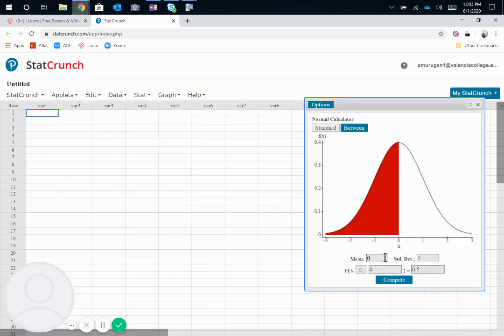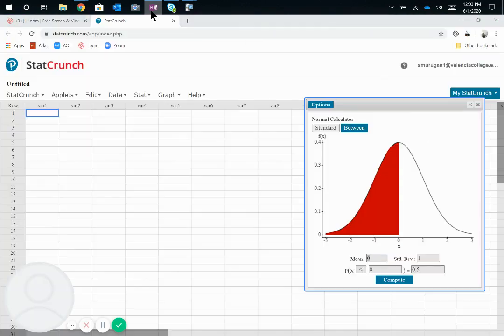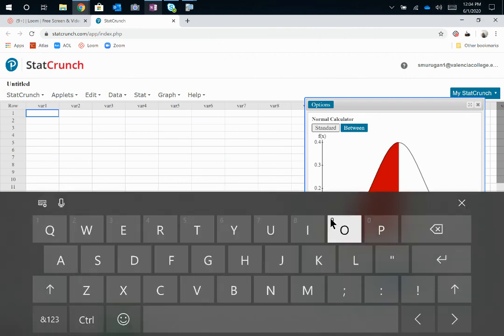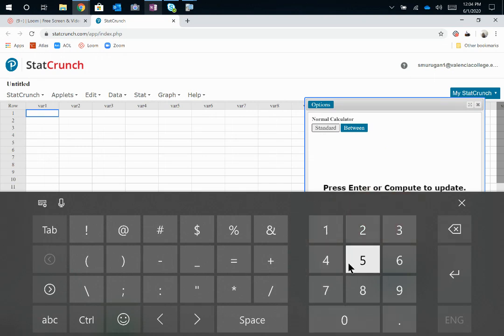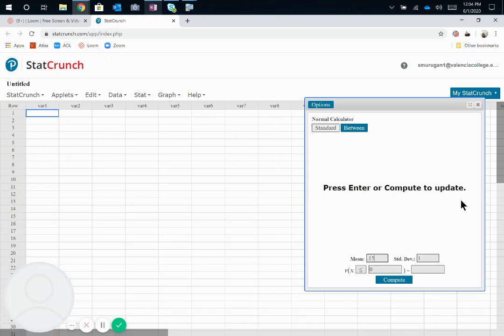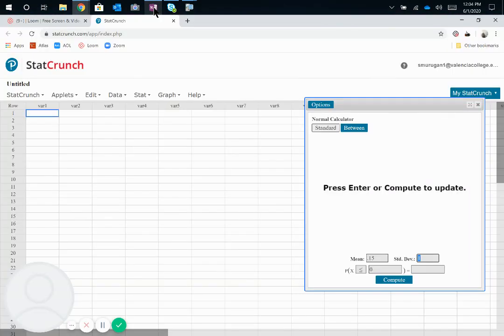And for the mean here, from this problem, we're going to type in 0.15, and we're looking for a number that's greater than 0.19. So type in 0.15. Standard deviation, we calculated that. The standard error is 0.025.